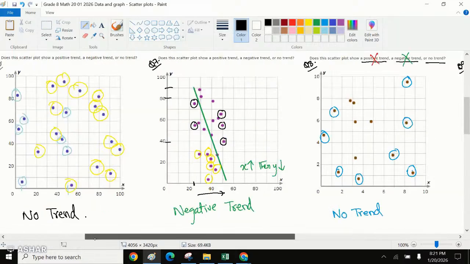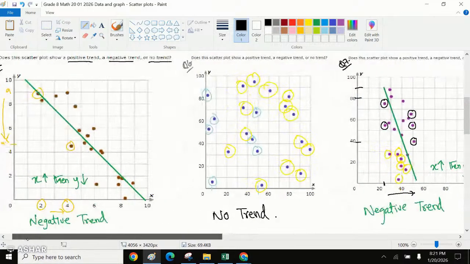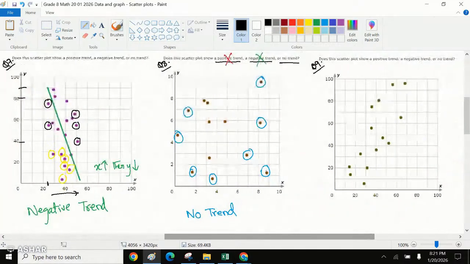One minute, please. We did a question in question number 7, right? We said this was a negative trend. Why? Because the line is going down. But can we say the same thing for this question? Can this be a negative trend?